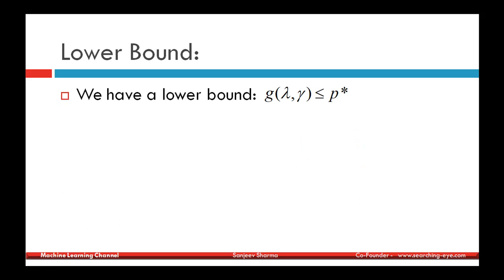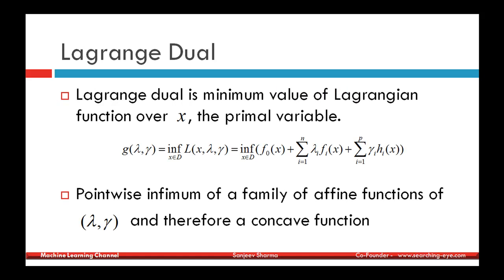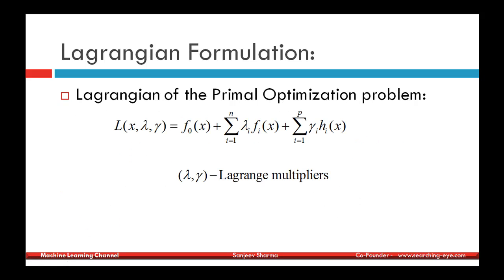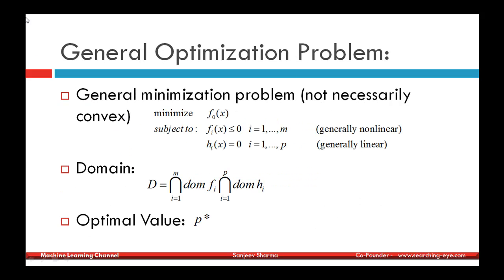So we have a lower bound: the dual function g of lambda comma gamma, the Lagrange dual function, is a lower bound on the optimal value of the primal problem, that is a lower bound on this value p star.